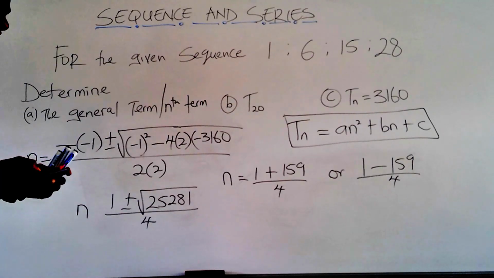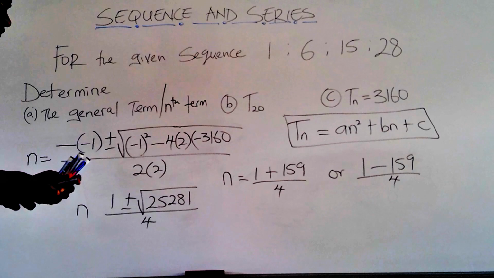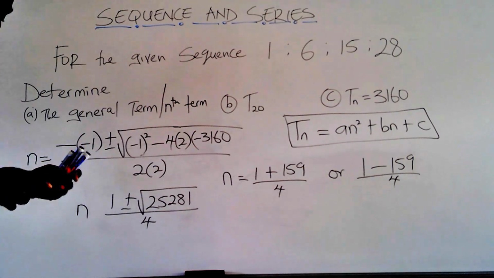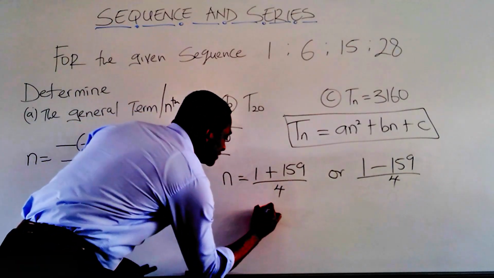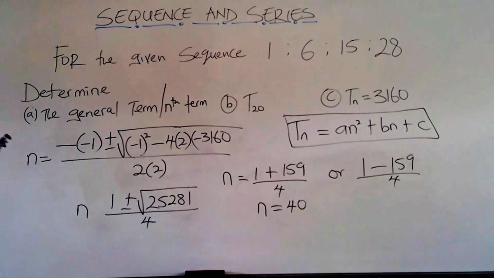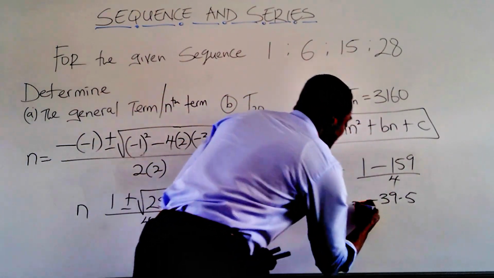You have to reject the one that is not applicable. So the first one gives us 160 divided by 4, which gives us 40. And the next one gives us minus 158 divided by 4, which will give us negative 39.5.